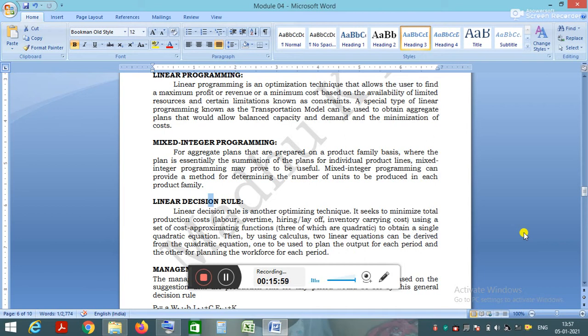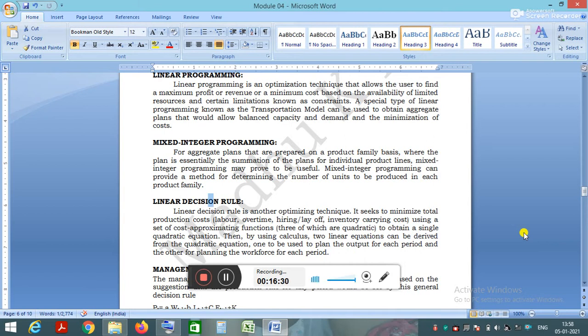Cost approximating functions means the costs, the variables are used to develop a quadratic equation. Means the dependent variable and independent variables, the costs involved, cost approximating functions are evaluated and a quadratic equation is developed.